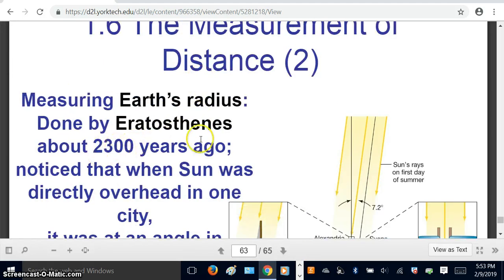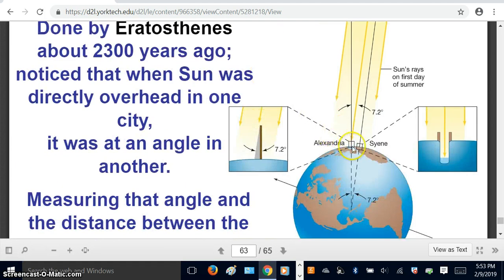Over 2,300 years ago, there was a guy named Eratosthenes, a very famous Greek, who actually lived in Alexandria.